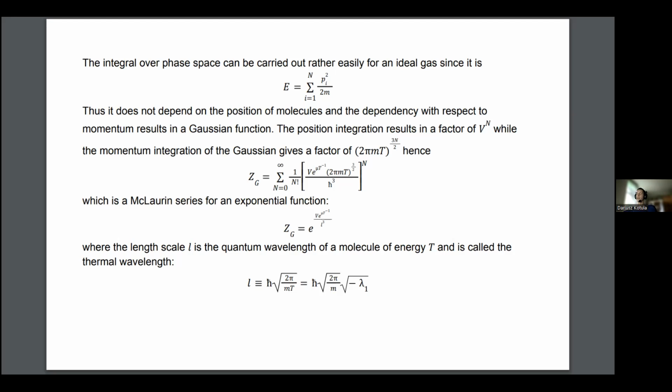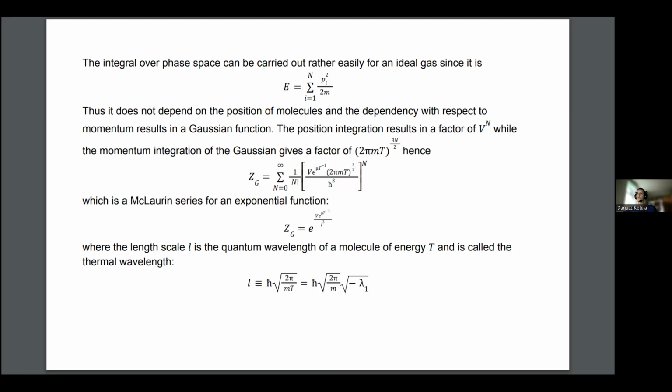Hence, the partition function Zg equals the sum from n equals 0 to infinity of 1 over n factorial times V times exponential of mu times temperature T to the minus 1 times 2 pi mT to the power of 3 over 2 divided by the reduced Planck constant cubed, to the power of n, which is a Maclaurin series for an exponential function.